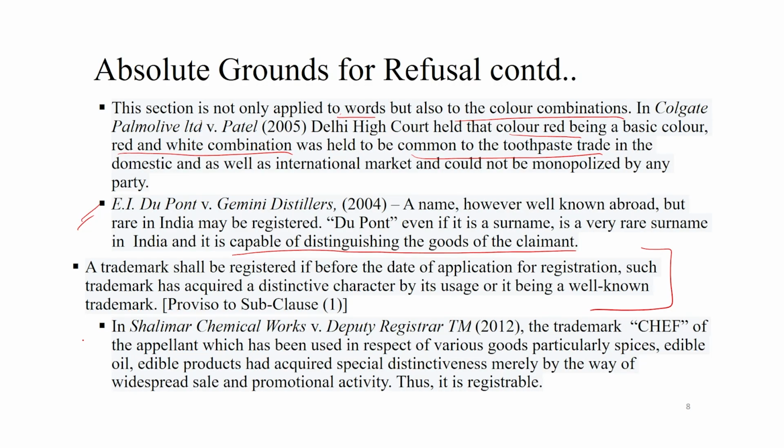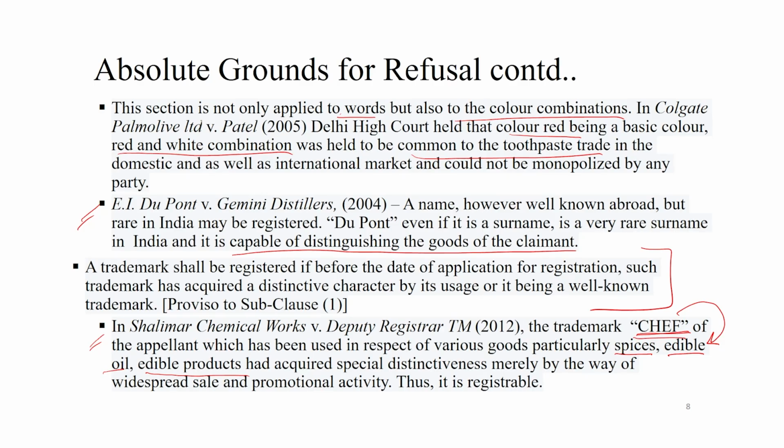This case may be useful. Shalimar Chemical Works versus Deputy Registrar Trademark. This is 2012. Chef was claimed with respect to spices, edible oil, edible products, and it is clear that there is reference here, and the reference is not only suggestive.